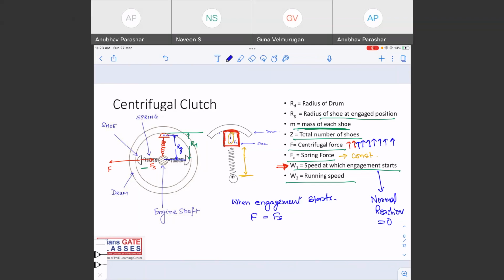The centrifugal force is equal to the mass of the shoe, times the radius of the shoe at the engaged position, times omega 1 square. This is equal to the spring force.